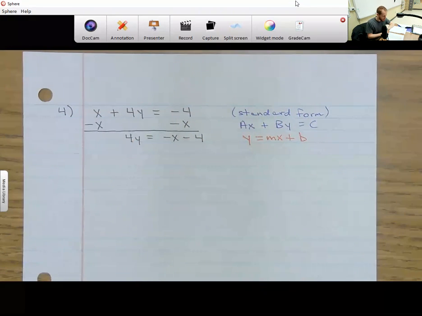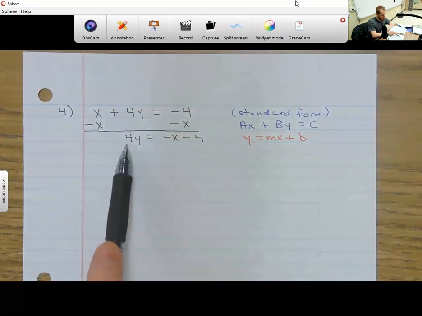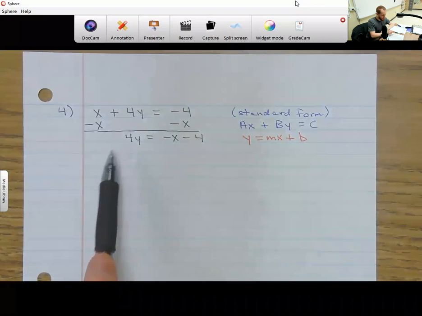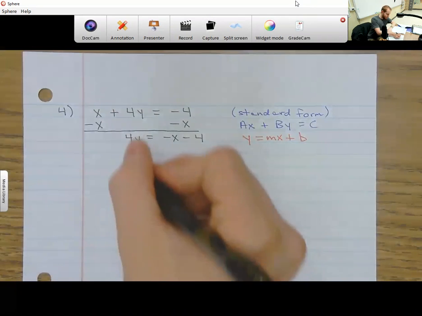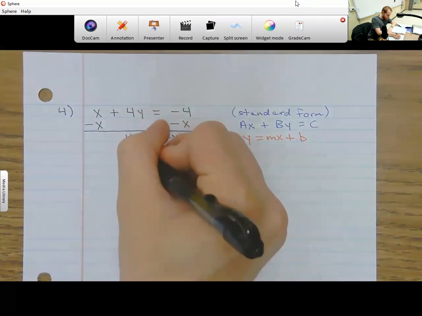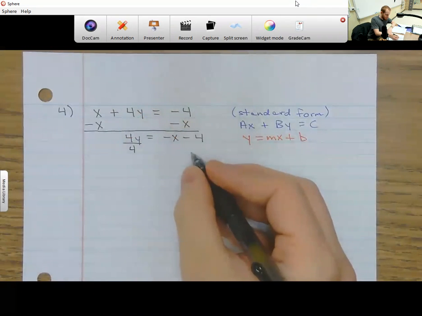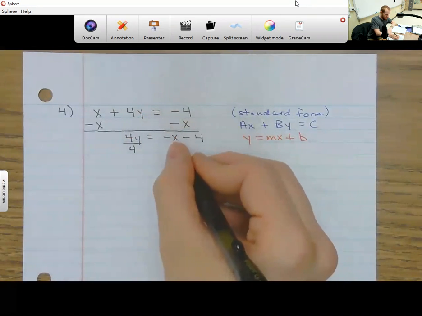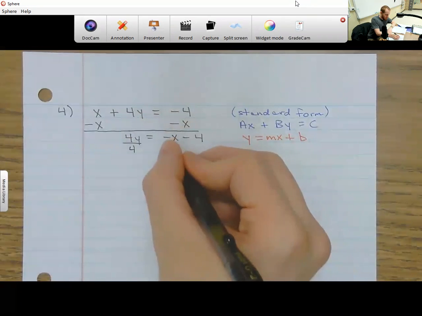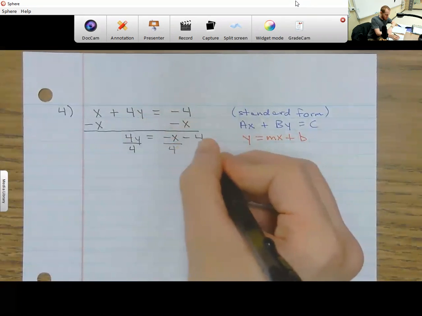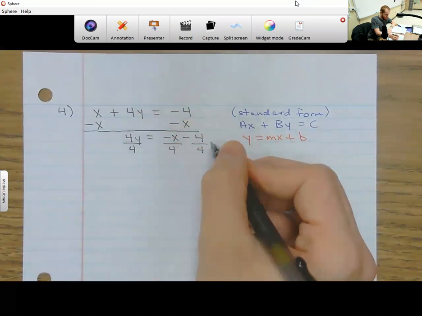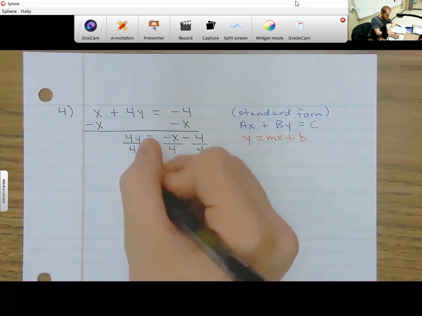Good, I'm almost done. Now the last thing I need to do is get y by itself. I need to get rid of this 4 right here. How do I get rid of that 4? I divide both sides by 4. So you could write it as everything over 4, or you can write it as divide this by 4 and divide this by 4, whichever way you want to do it.